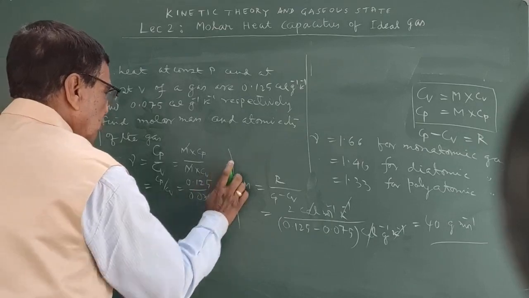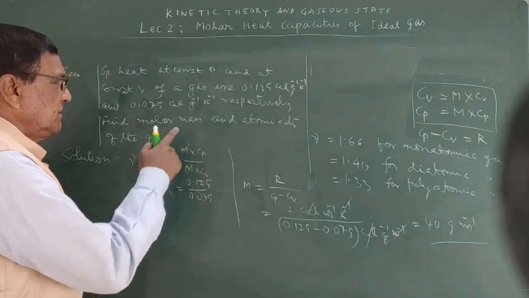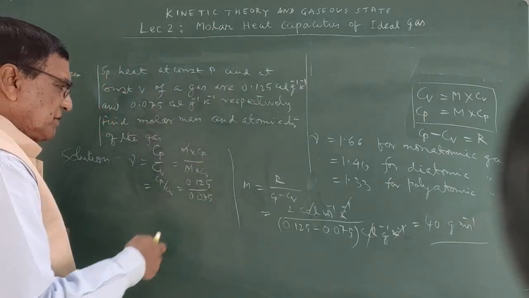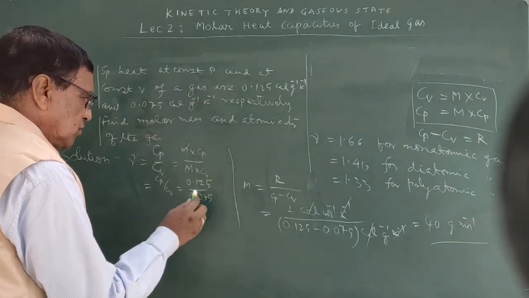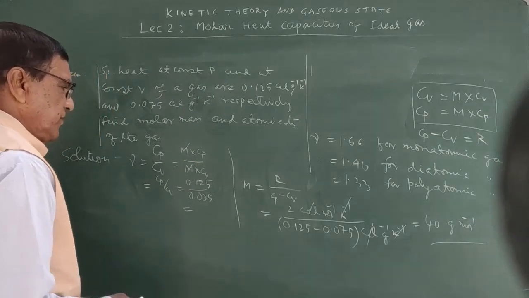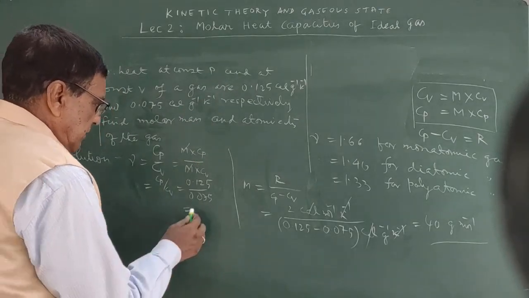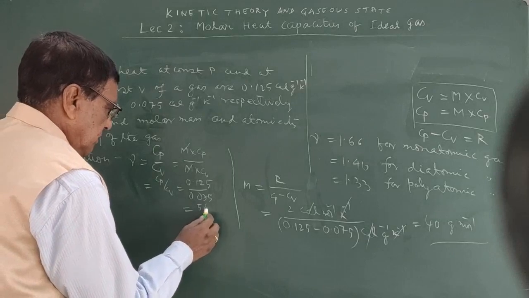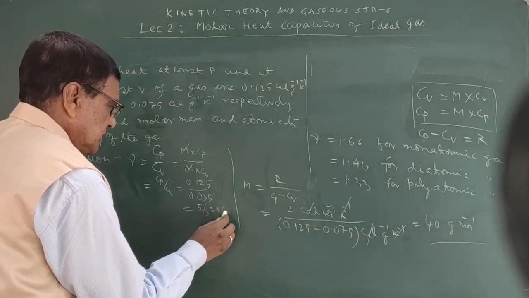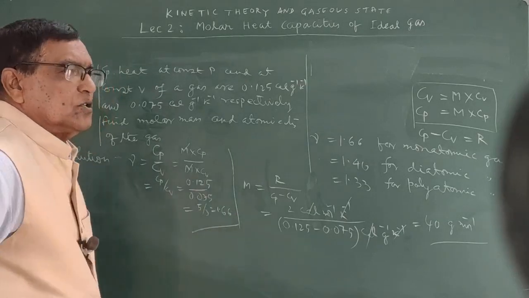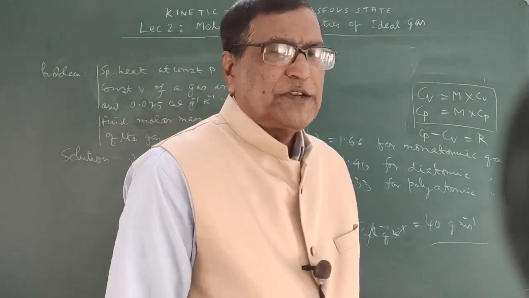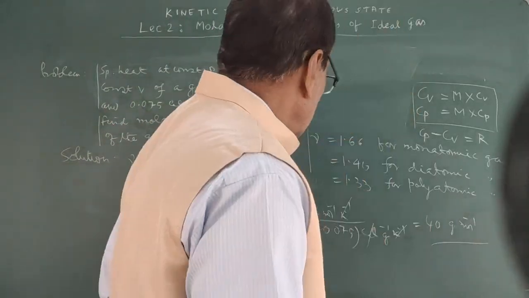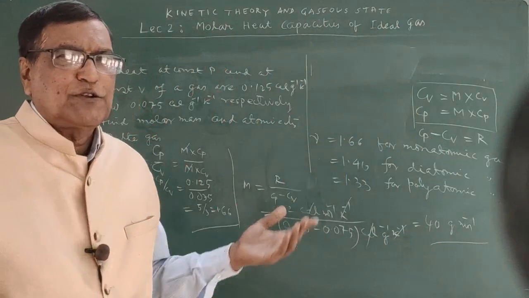Both units are the same and cancel, so this is equal to 5 by 3 or 1.66. So the gamma value is 1.66, which means it is monoatomic.